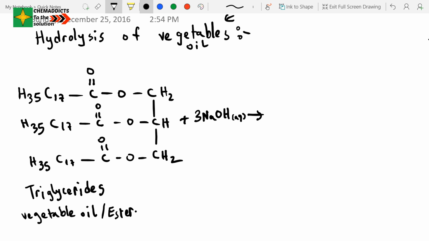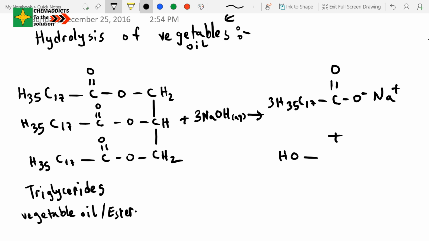If we react these triglycerides, with this creepy structure, with 3 moles of sodium hydroxide, this will give 3 moles of H35C17CO minus Na, a salt, and a triol will form.